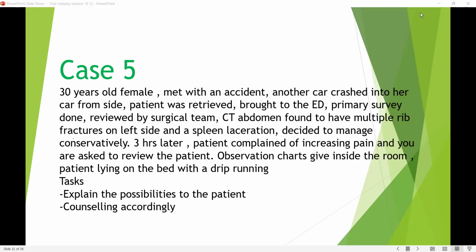With this, I'm assessing whether there is any flail chest. I'm checking for signs of pneumothorax, I'm checking for signs of hemothorax, and also I'm checking if there is any internal bleeding.